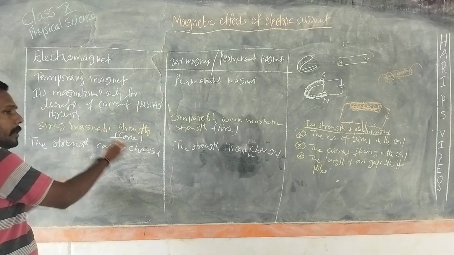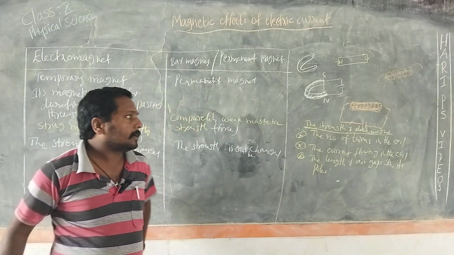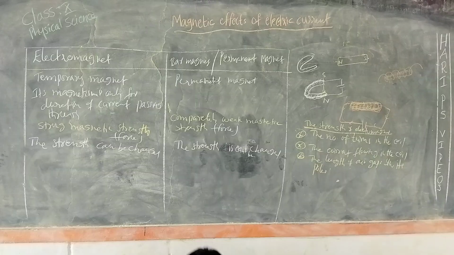Here we can change it by changing the number of turns in the coil, and the current flowing in the coil.